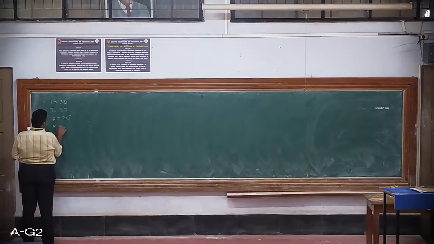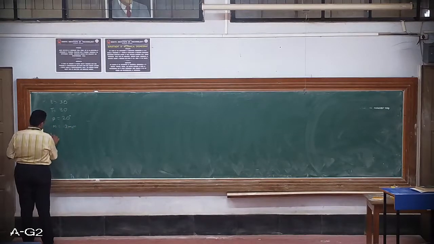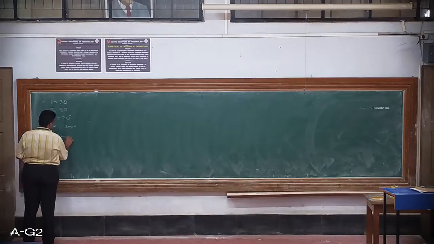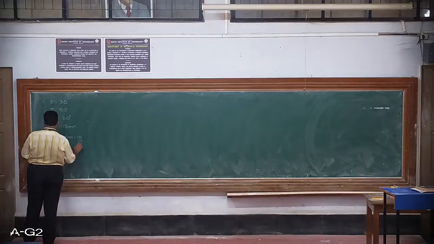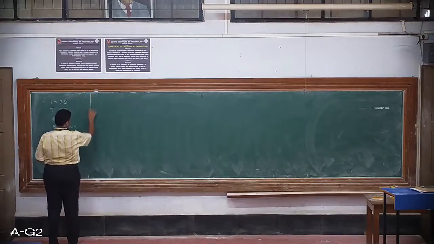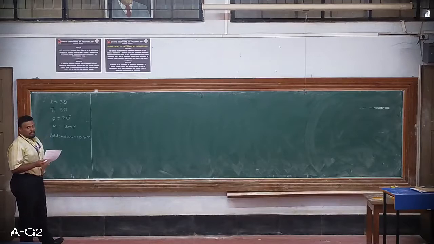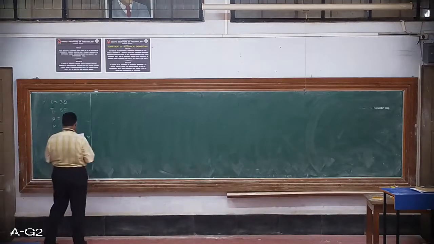Module is given as 12 mm and addendum is given as 10 mm. With this we shall now obtain the length of path of contact, the length of arc of contact, and the contact ratio.